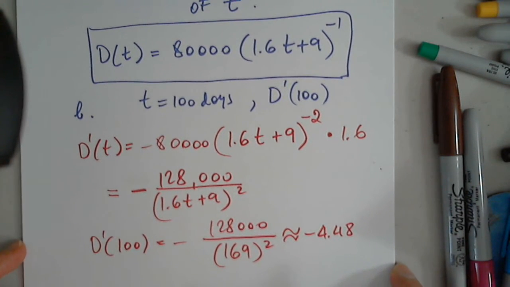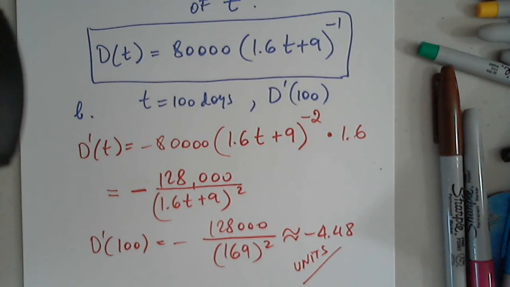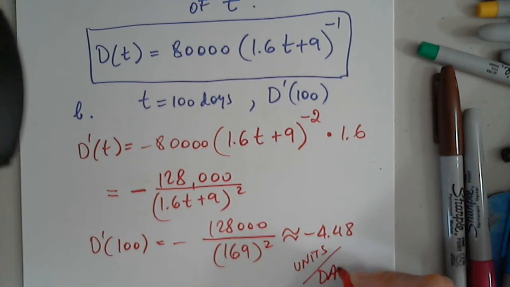So the measurement unit for D over the measurement unit for T. What is the measurement unit for D? Demand. Very good. Units. Divided by the measurement unit of T, which is days.